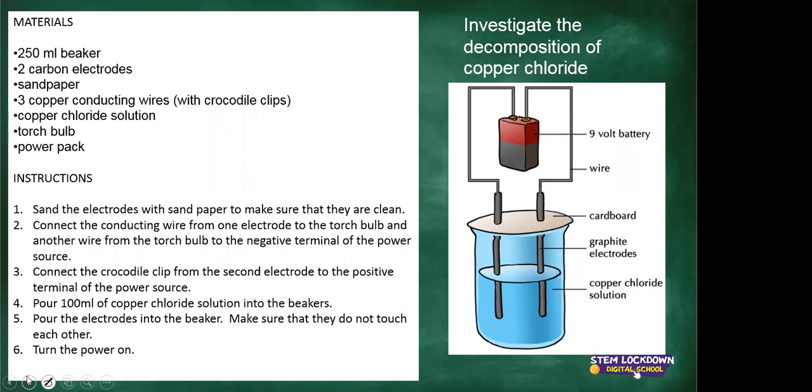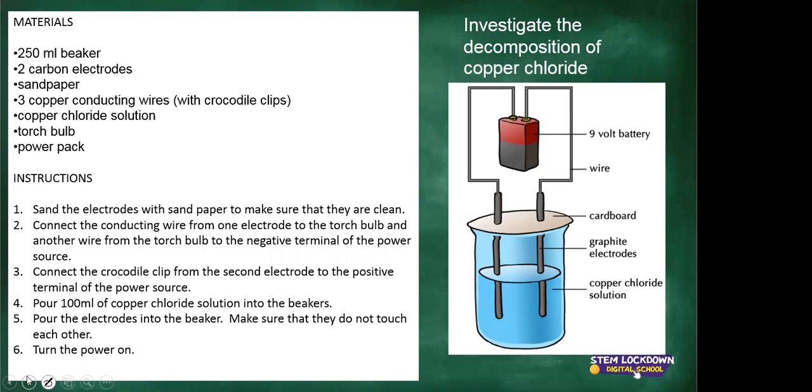Now, the instructions. You basically need to sand the electrodes with sandpaper to clean them. Then we connect a conducting wire from one electrode to the torch bulb, and another wire from the torch bulb to the negative terminal of the power source.